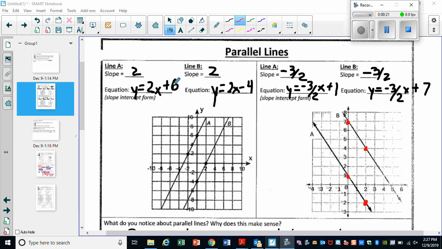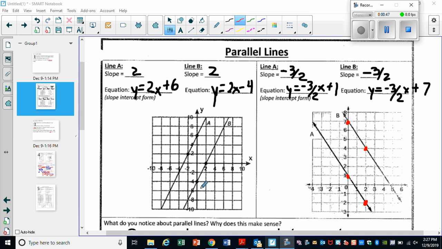So, for this first activity, we determined that the slope of line A, the one on the left, goes up 2, right 1, so your slope was 2, and it was positive, and the equation is y equals 2x plus 6, because your y-intercept for line A is at (0, 6).